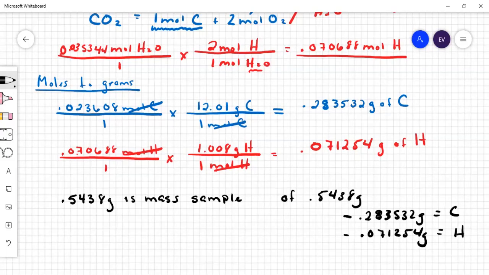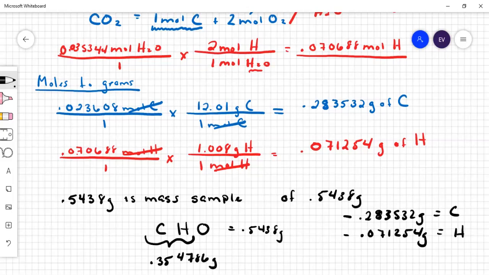So knowing that our compound has carbon, hydrogen, and oxygen, we just figured out that these two occupy 0.283532 plus 0.071254, which is 0.354786 grams of the total.